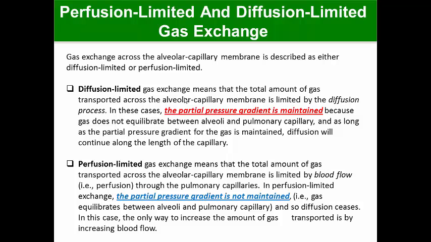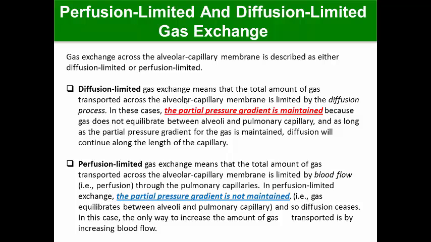And as long as this partial pressure gradient exists, the gas keeps on diffusing. Now what determines the diffusion of the gas is the diffusion process itself. So had the pulmonary capillaries been longer, the gas would continue to diffuse because the partial pressure gradient is still there.